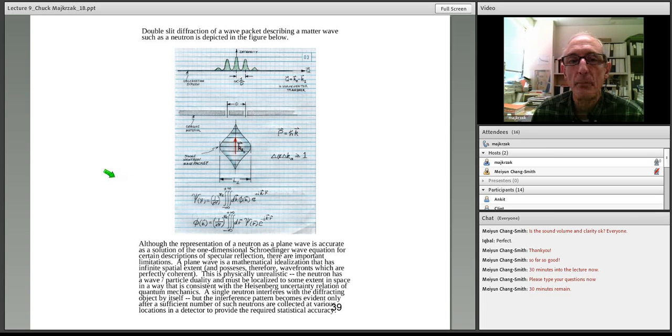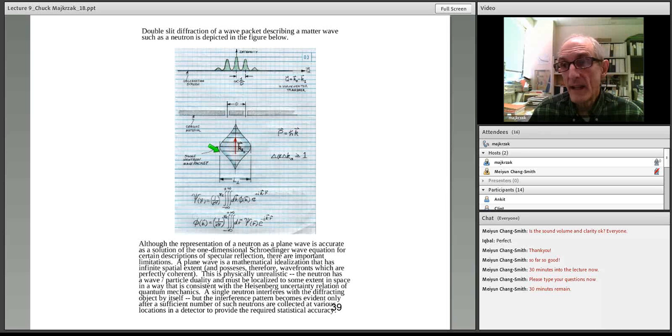You superimpose plane waves of slightly different k-vector values in magnitude and direction, and superimpose enough of them, for example, a Gaussian distribution of these plane wave eigenstates, and you get by this superposition a well-defined waveform that we call a wave packet that still has characteristic wave periodicity and some mean wave vector k and wavelength lambda, but it's now localized in space. It has a finite spatial extent.